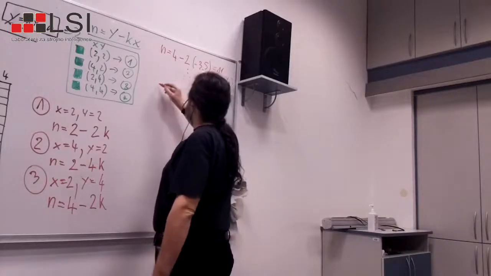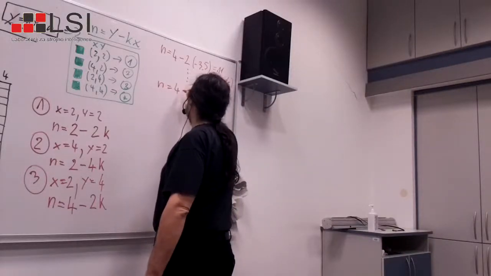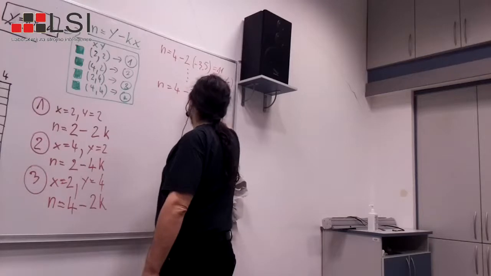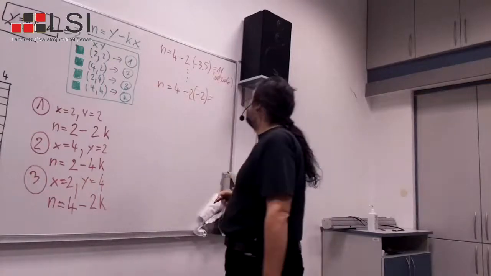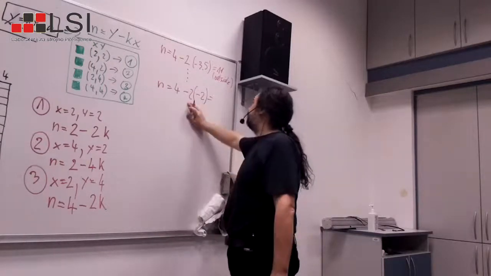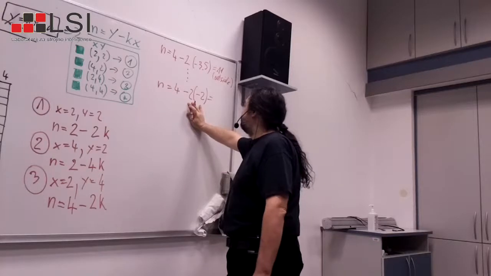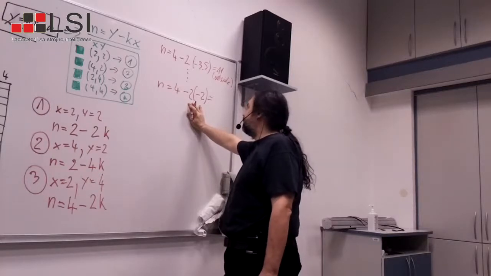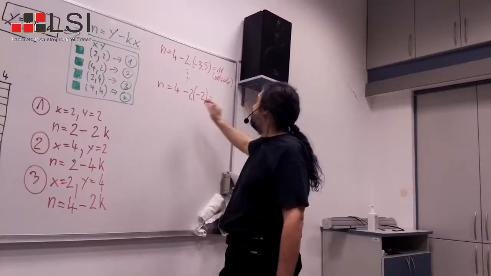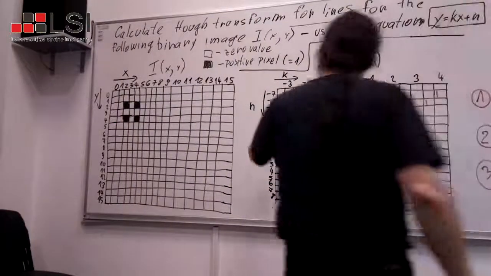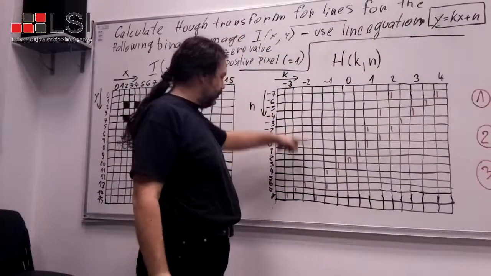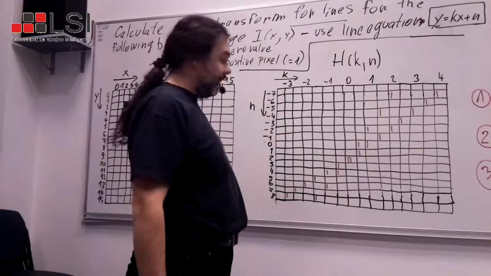So n is 4 minus 2 times minus 2. What do we get? Minus 2 times minus 2 is plus 4. Plus 4, it's 8. Wow. So at the k of minus 2, we have 8.